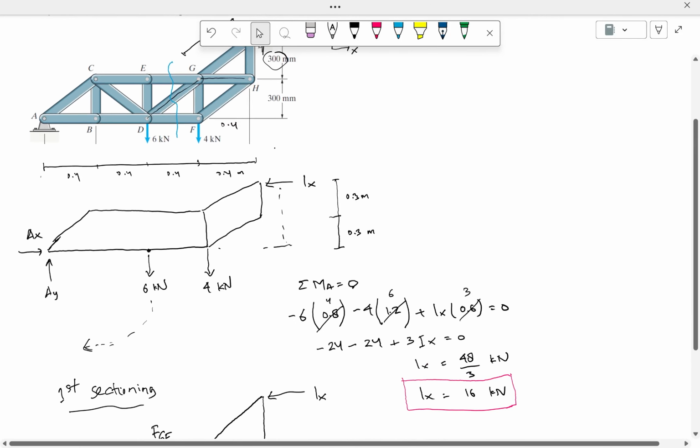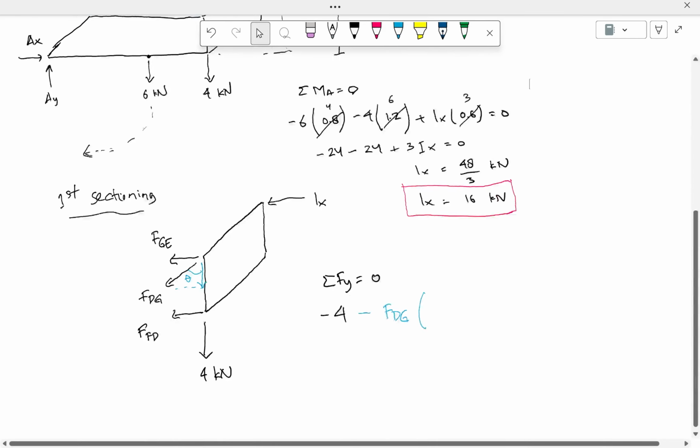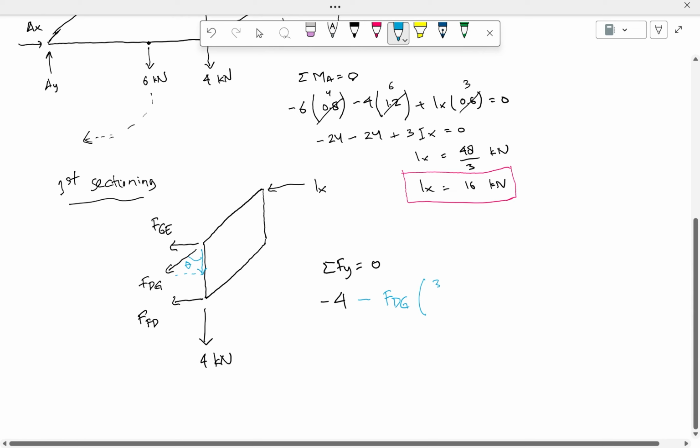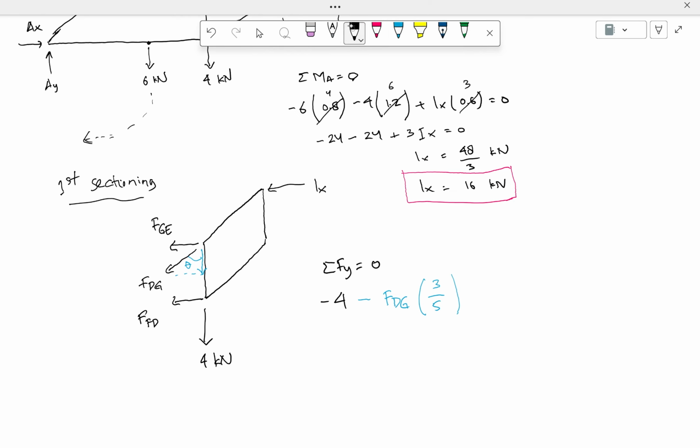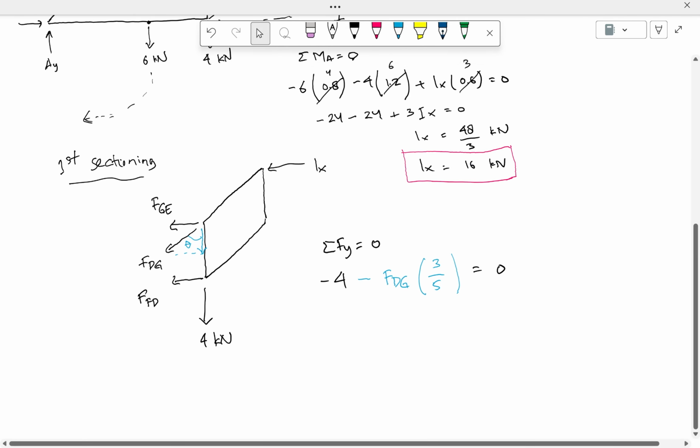In this case cos means this 0.3 and then 0.5. So it's 3 over 5. And then that's it, right? For the vertical. And then they're equal to 0. And then what else?